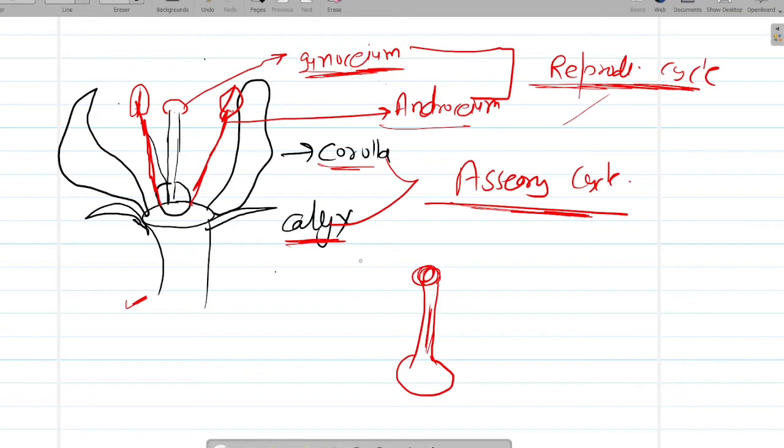Now this is the stigma, this one is the style, and this one is the ovary.